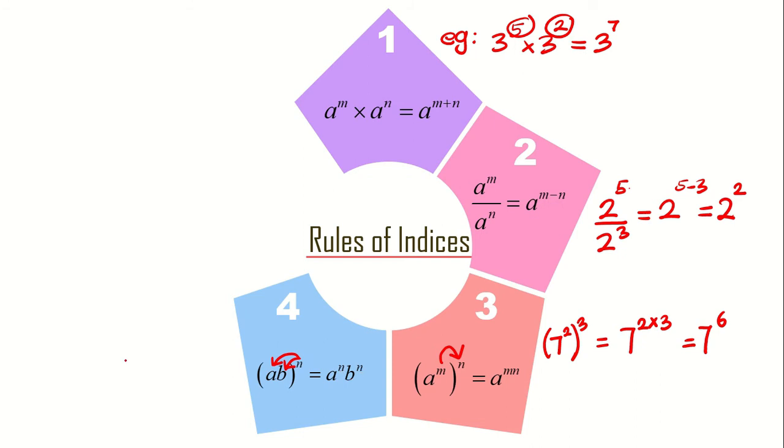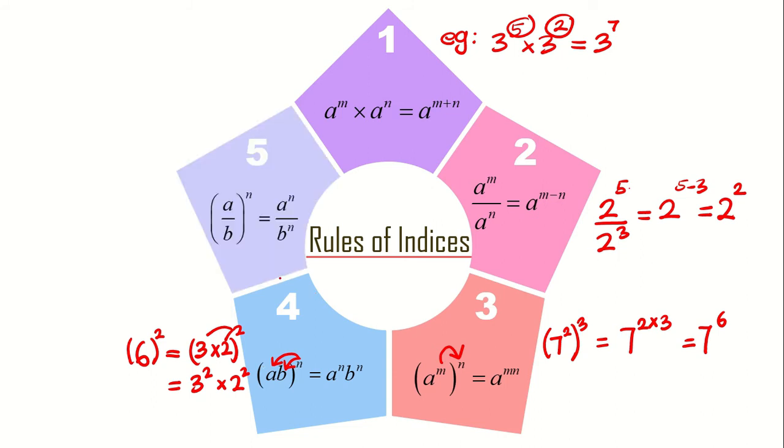So example, let's say here we have 6 square. So 6 here can be the product of 3 and 2. So we have here 3 times 2 square. So for this one, we can split up the index so that it becomes 3 square times 2 square.